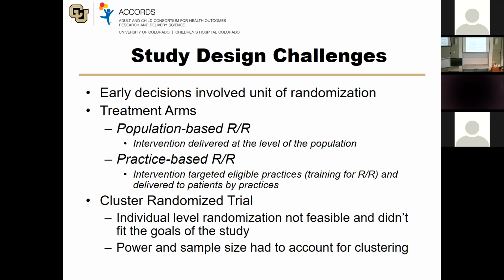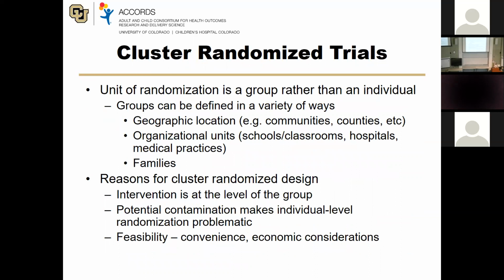So keep that in mind. So we knew right away we were going to have to do a cluster randomized trial. Individual randomization was not feasible and really didn't even fit the goals of this study. And so initially, one of the things is power and sample size had to account for clustering. But there were many more issues.